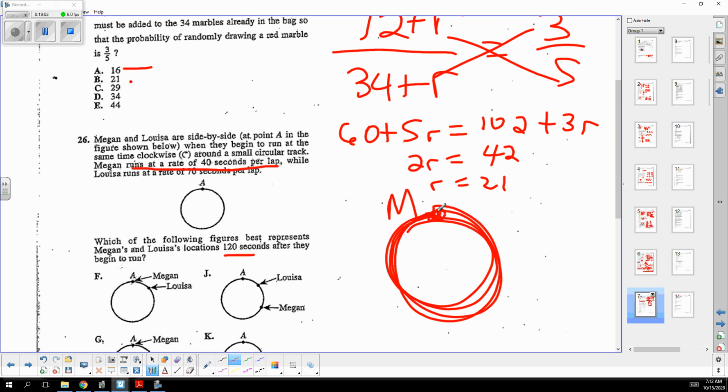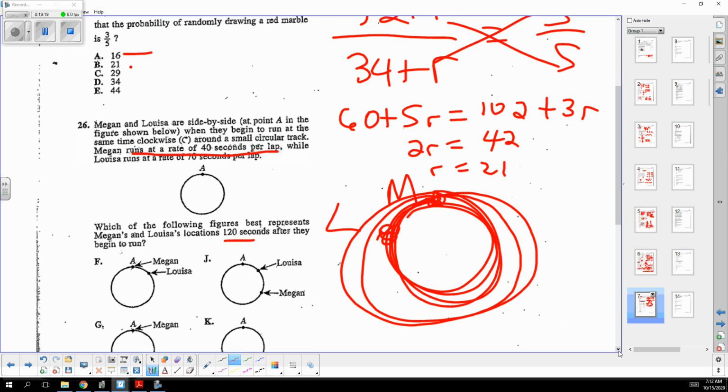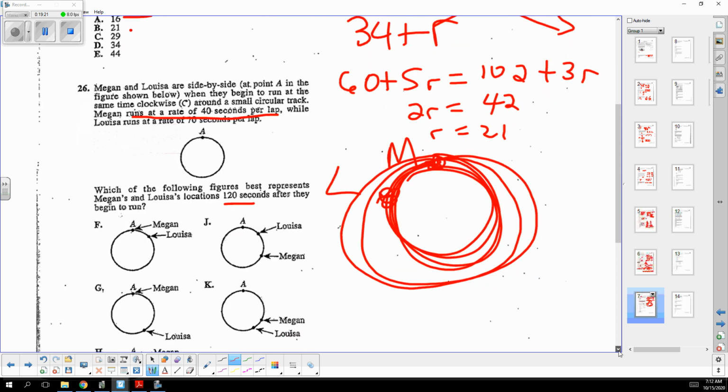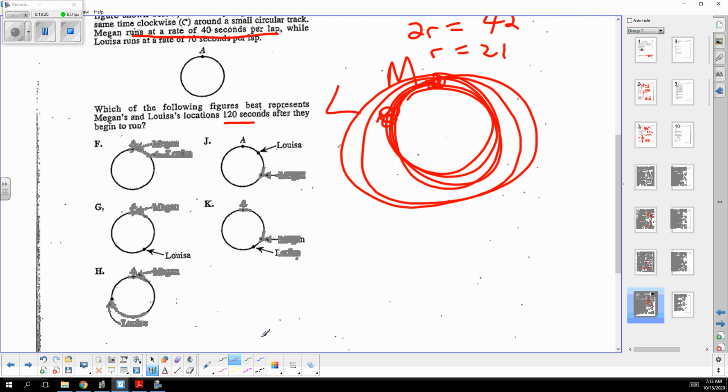So they're running clockwise. So she's going to run a lap this way. 70, two of them would be 140. So where is she? Almost finished the lap. So which one of these shows that? Clearly it is H, huh?